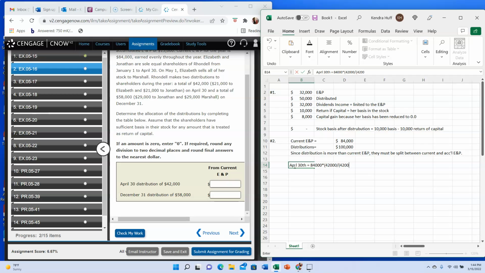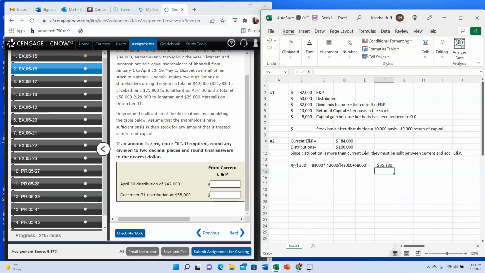So 42,000 plus 58,000. See if I put that formula in there correctly.